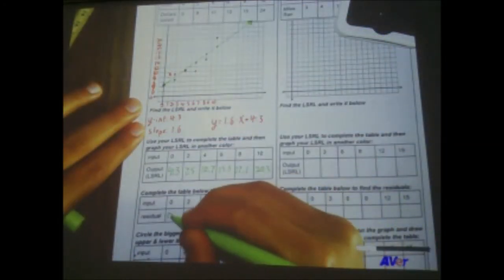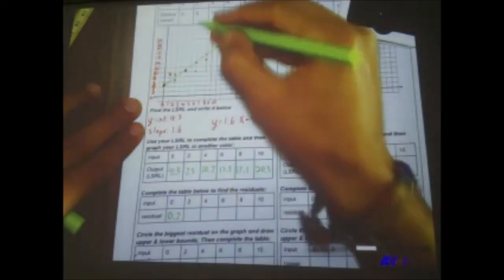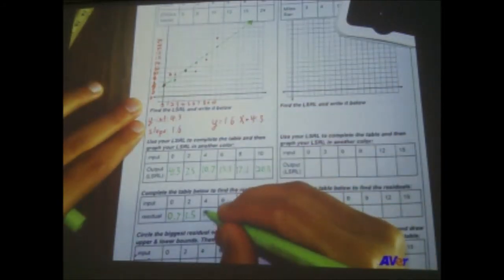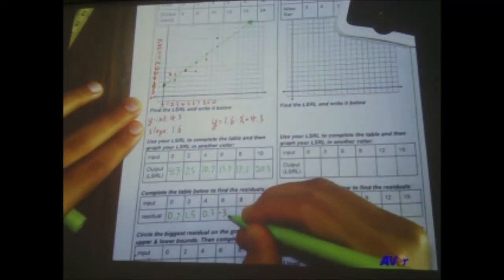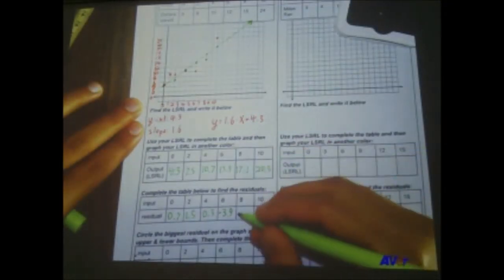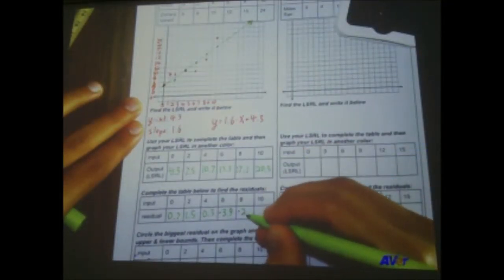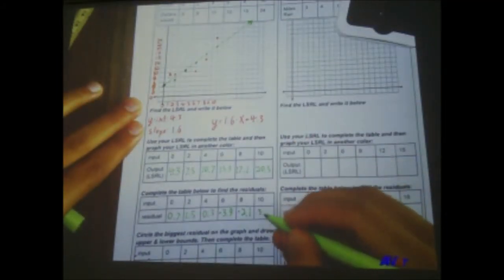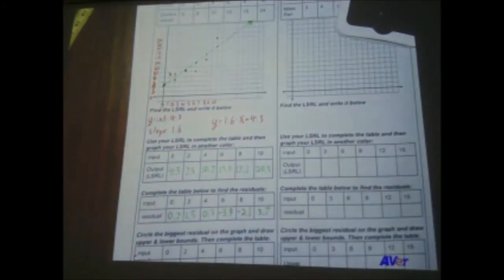So 5 minus 4.3 is 0.7. 9 minus 7.5 is 1.5. 11 minus 10.7 is 0.3. 10 minus 13.9 is negative 3.9. 15 minus 17.1 is negative 2.1. And 24 minus 20.3 is 3.7.